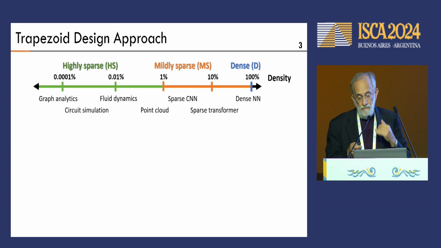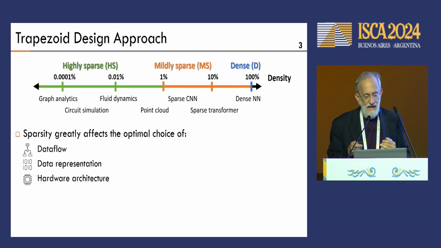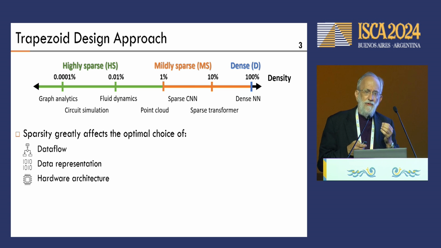So what is the differentiation, as a function of sparsity, of these different designs? At a high level, the sparsity is affected by a number of factors.